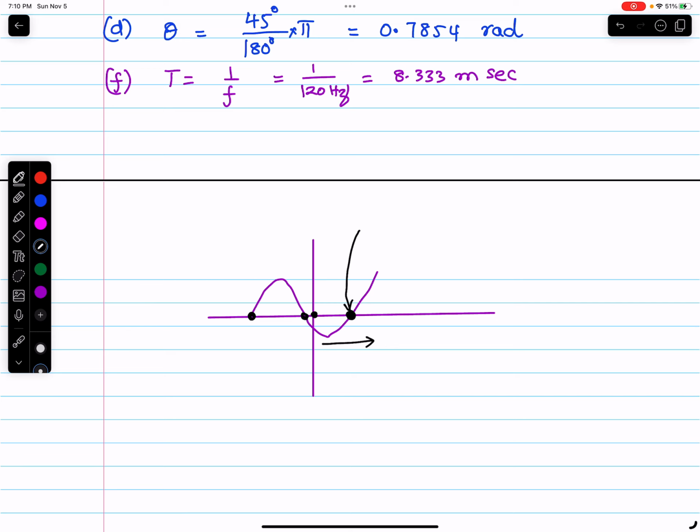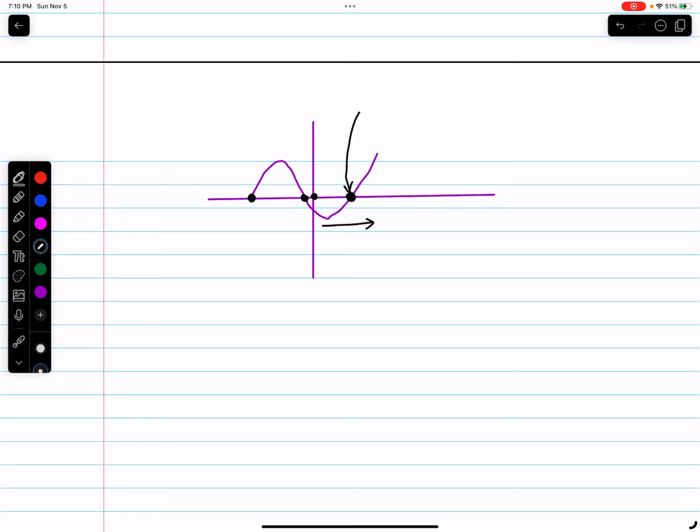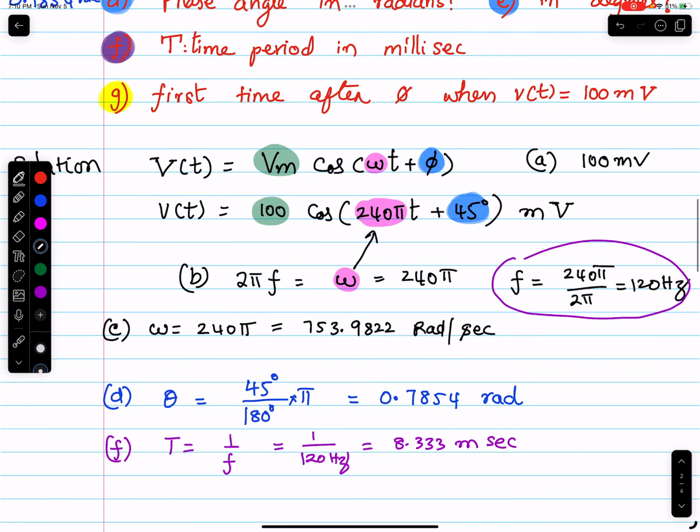Now, we are expected to find out G. Let me see if I can copy this.